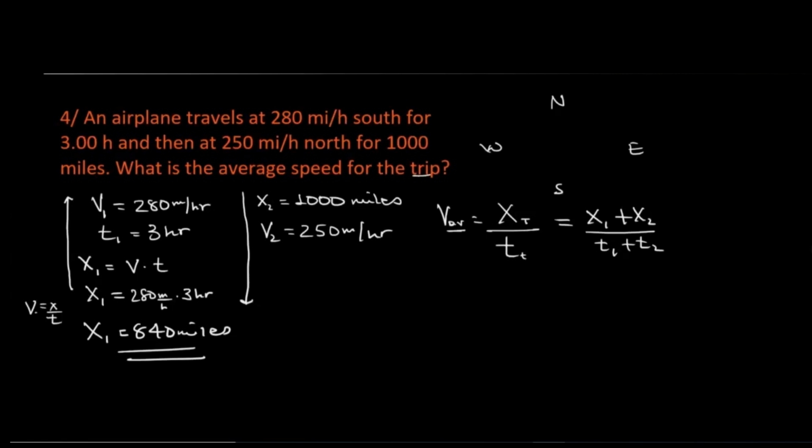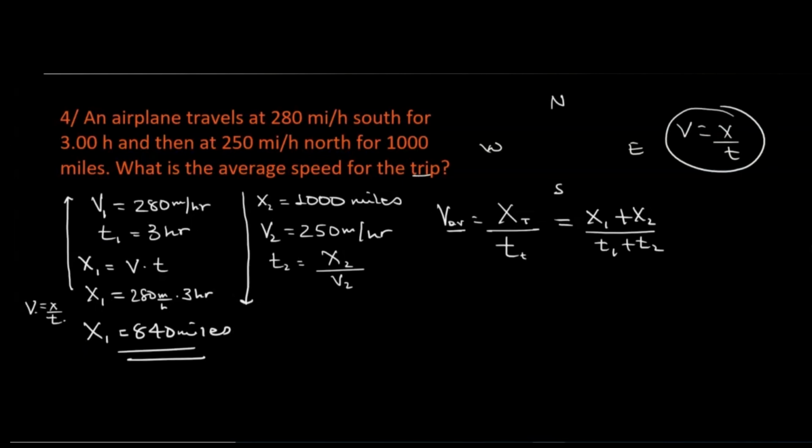For the second one, the displacement is given, 1000 miles, and the velocity is given. I don't know the time, so I have to calculate the time too. Time 2 is equal to x2 over velocity 2. If I know the relation velocity is equal to displacement over time, I can just move them around, whether I need t, x, or v.